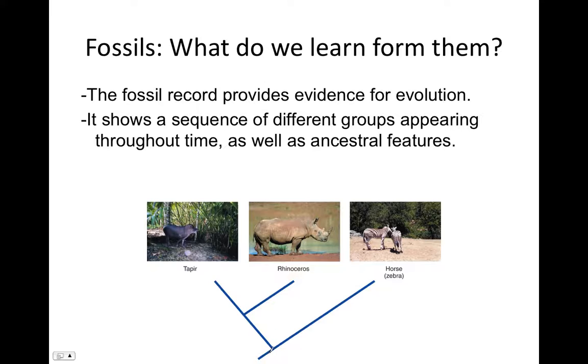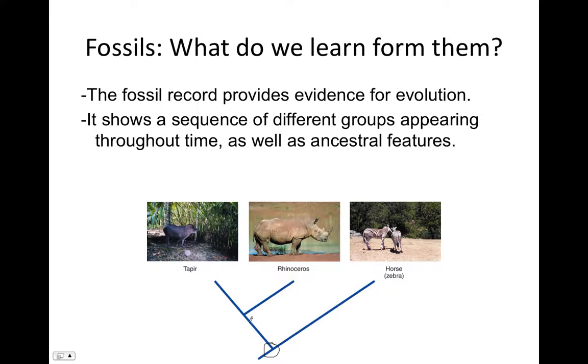In this example, we have a tapir, a rhinoceros, and a horse. If you follow the branch back, that shows their evolutionary lineage. These three organisms share a common ancestor, which is this ancestor right here, which then branched off this way and then this way.